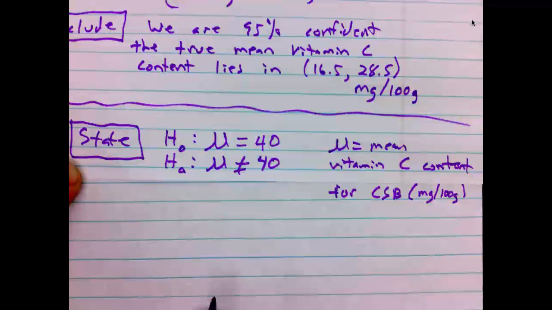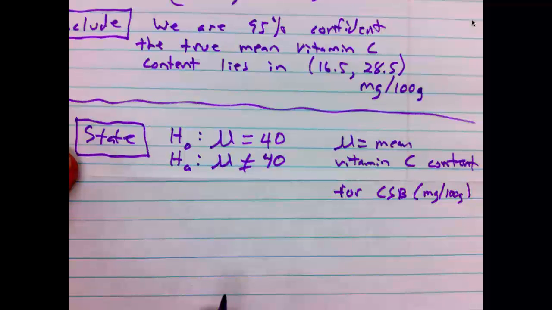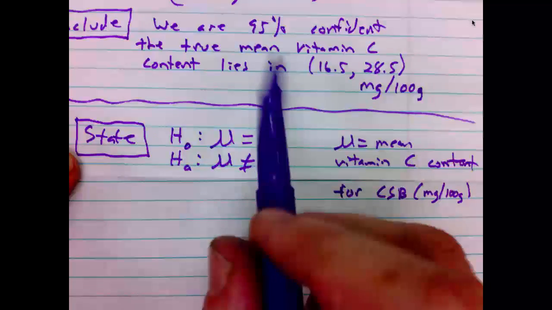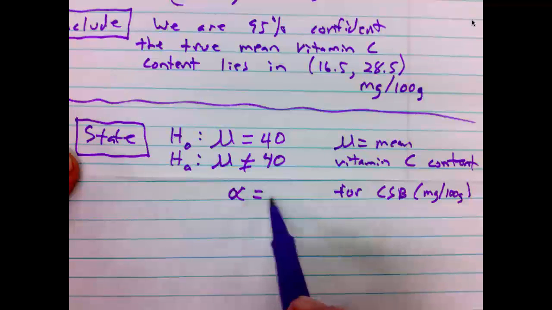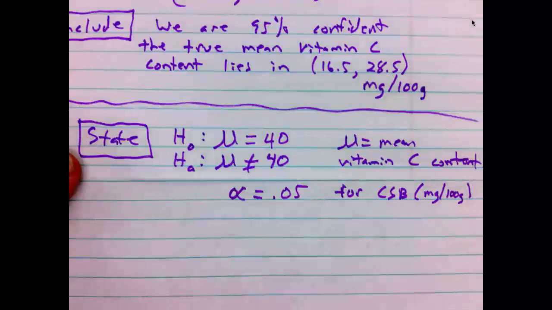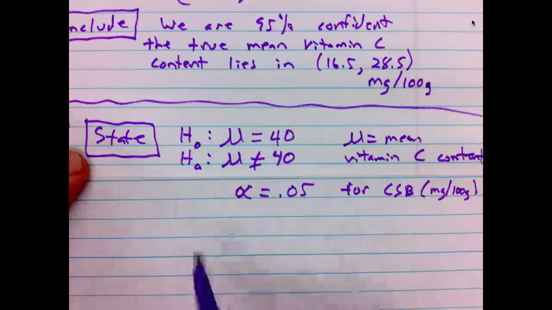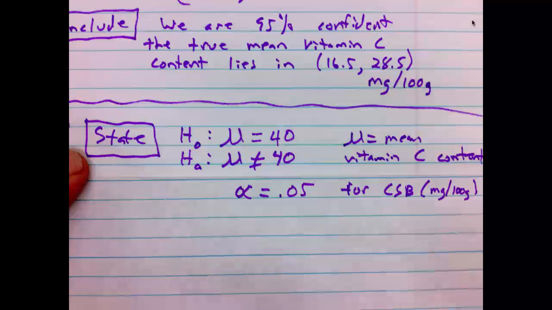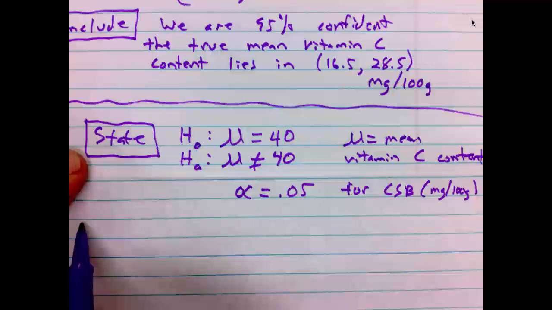Okay, and we're going to use an alpha that is 1 minus our confidence level here. So our alpha in this case will be 0.05. All right. So now plan, we've already checked the conditions. We don't have to do that again. We're simply going to use this interval, and so we can just skip straight to our conclusion.